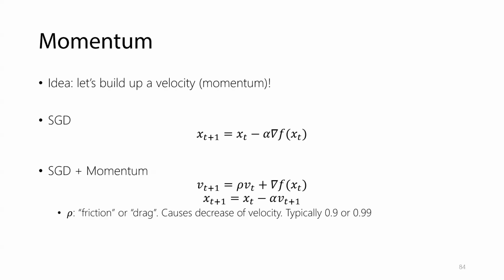And then internally, you store the velocity value. So with the gradient, you're accumulating velocity. And then the coefficient rho is kind of like friction. If you don't have rho, or set rho equal to 1, then your velocity may explode and go crazy.